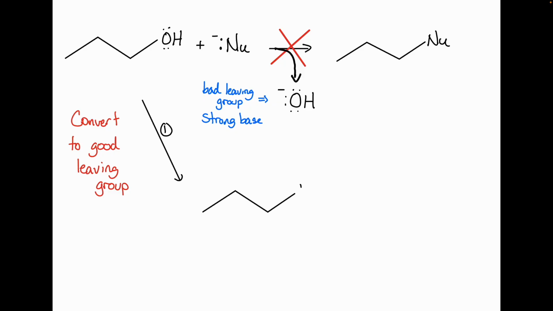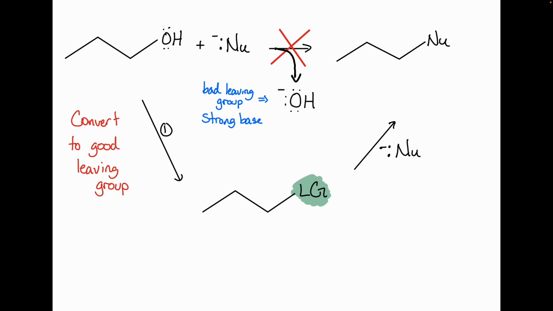And again, we'll have a few strategies, so I'm just going to leave it as LG for good leaving group. Once we have that good leaving group, then we can treat that with our nucleophile and get our substitution reaction.